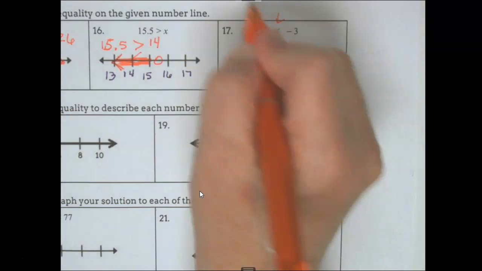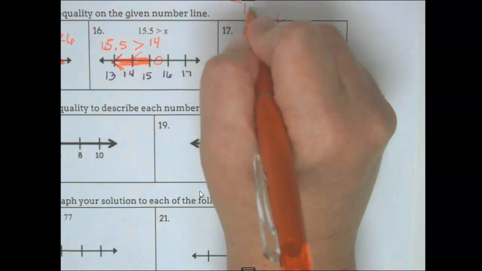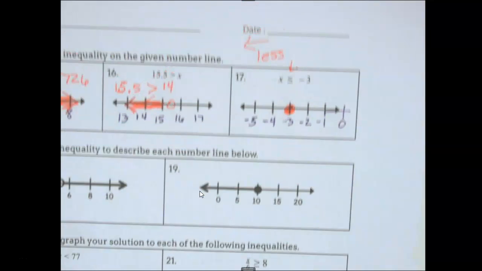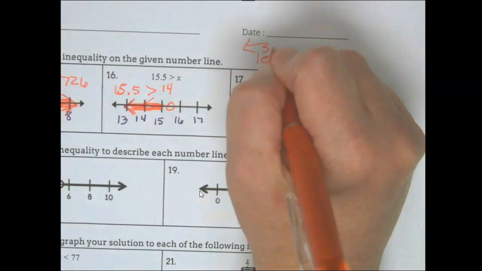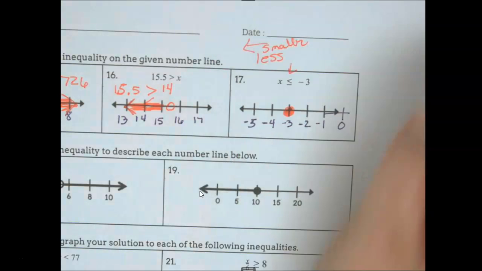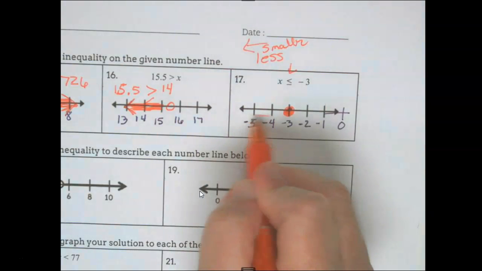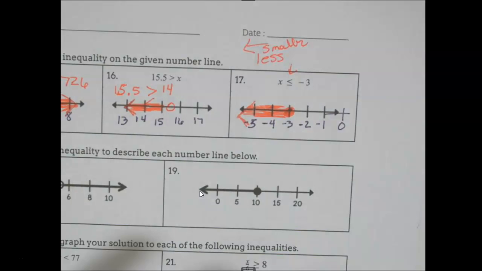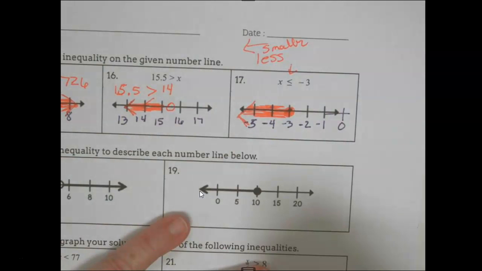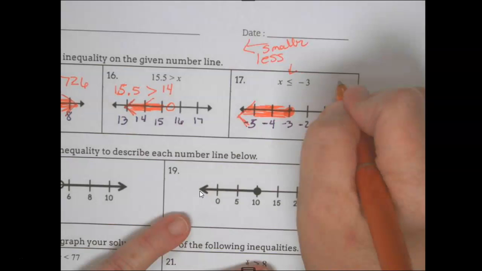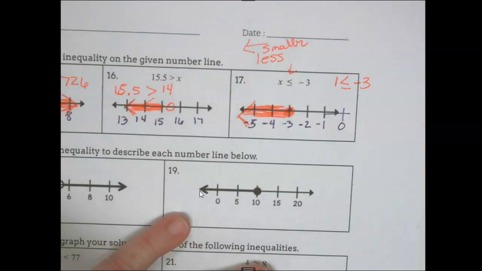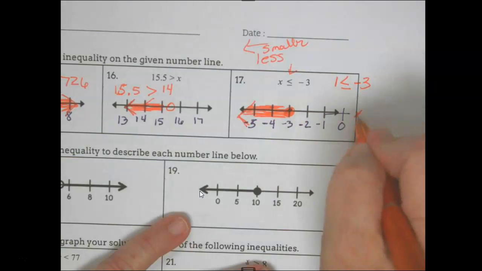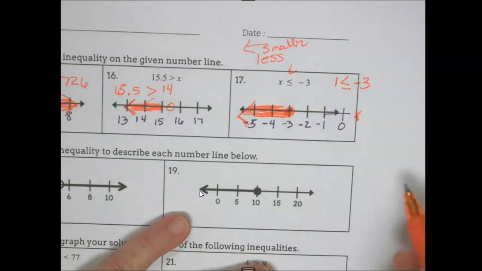And I know as we go this way on a number line, we get less. As you go, you get smaller. So I need smaller numbers, so I am going to shade in this way. If you're not sure, you can put a positive number on here. Is 1 less than or equal to negative 3? I know that's not true, so I know I'm not shading toward the positive side.